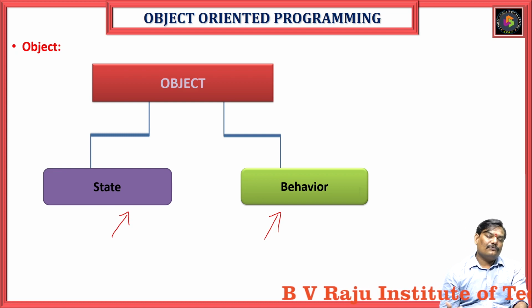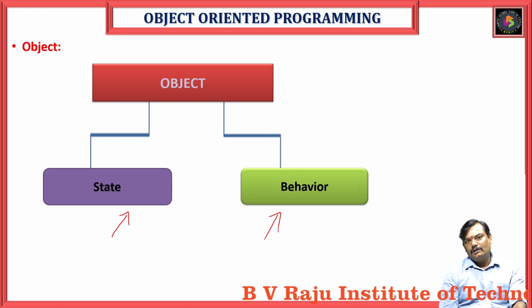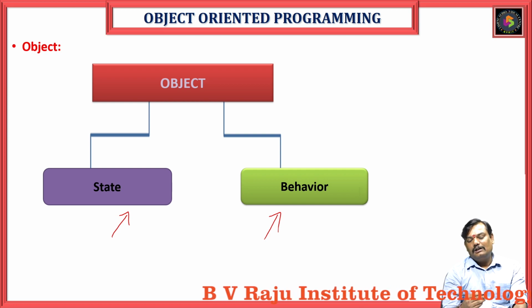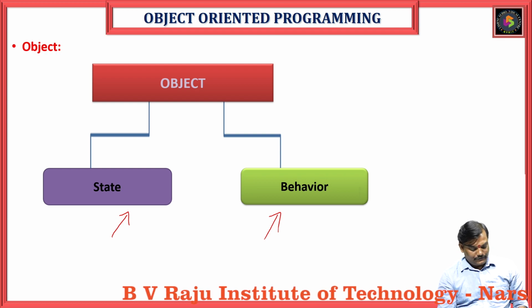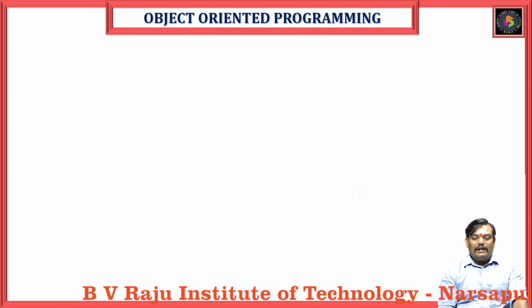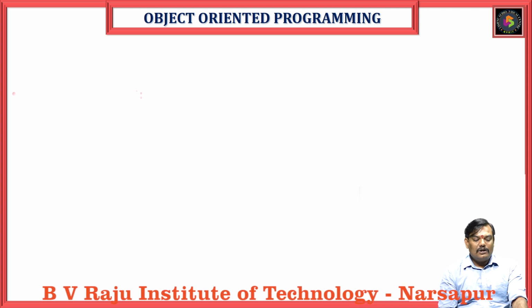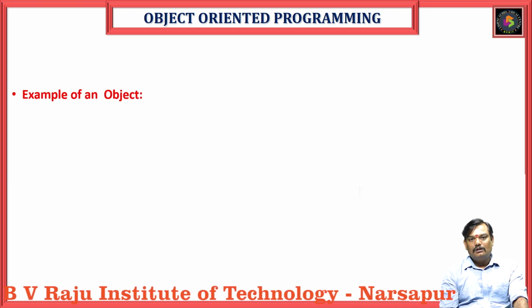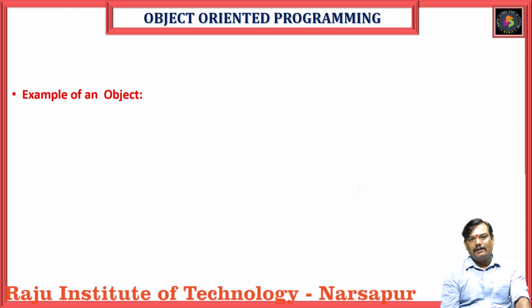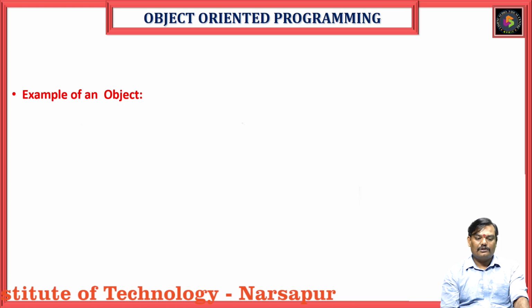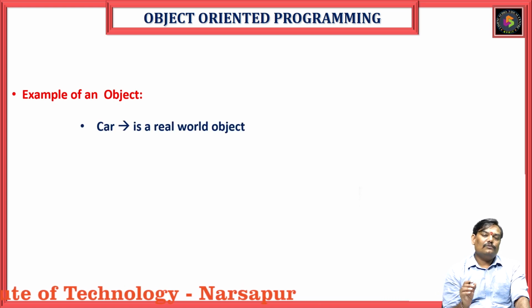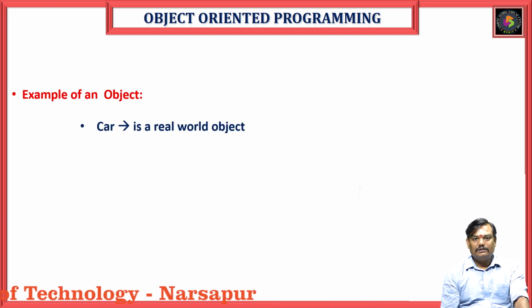Now, by making use of the object-oriented programming concept, we will be modeling a real object into a software object. What does a software object mean? We will discuss that in the next slide. Before that, we will see an example of an object, a real-world object called a car.